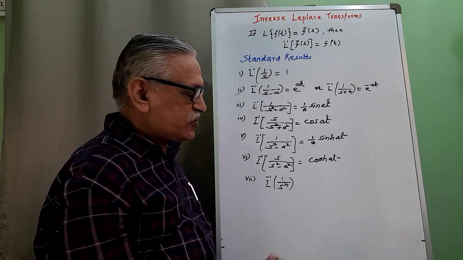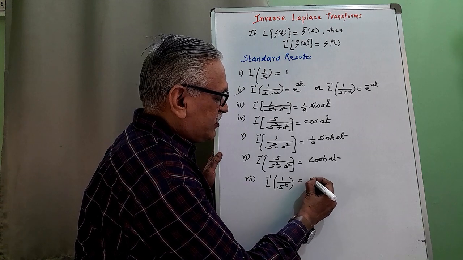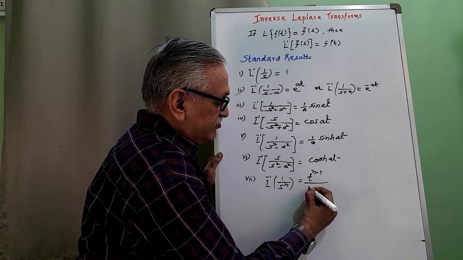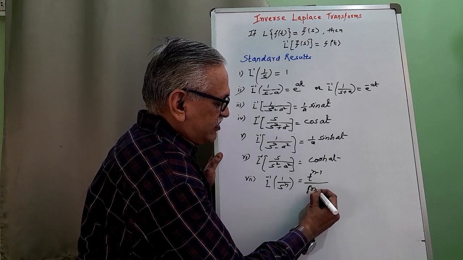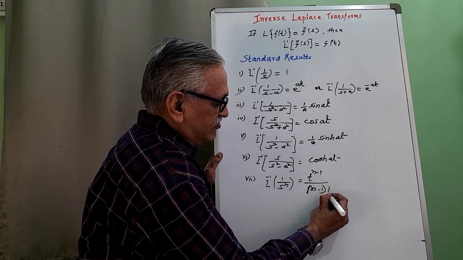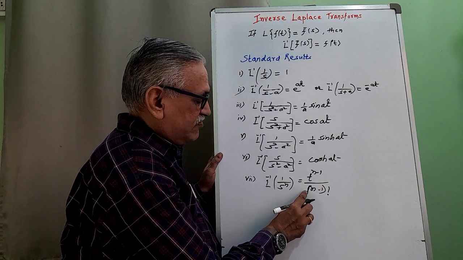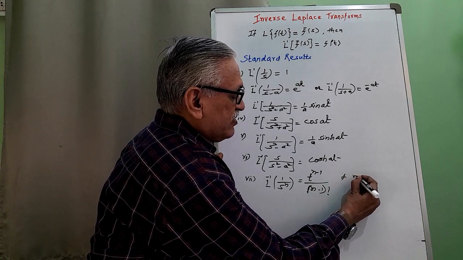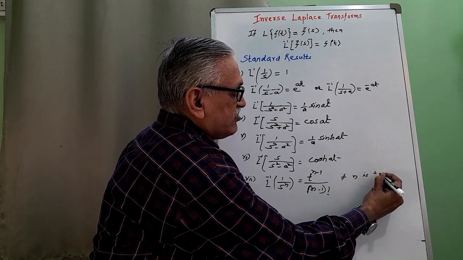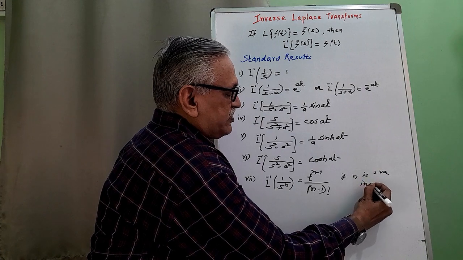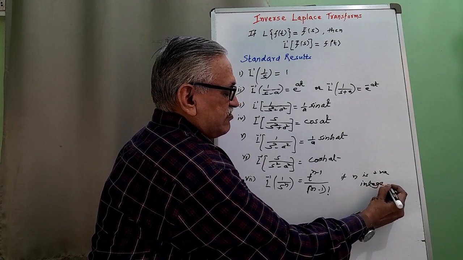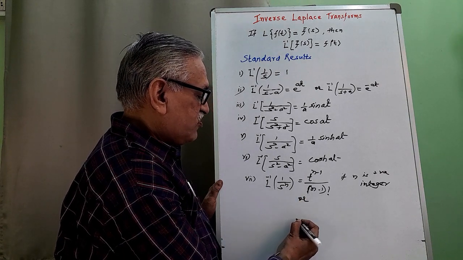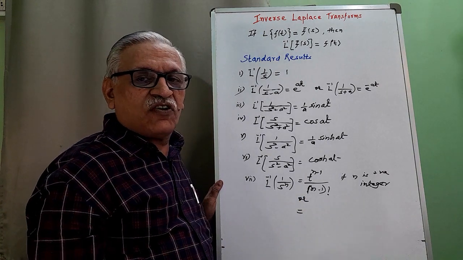If n is a positive integer, then its inverse is t raised to n minus 1 divided by n minus 1 factorial. Otherwise, we have another formula.